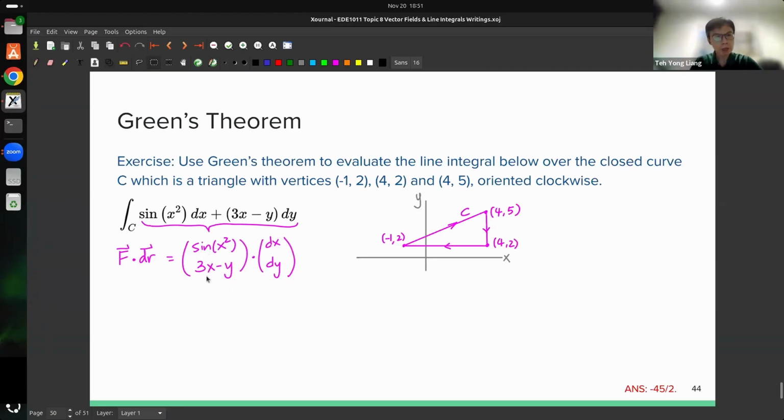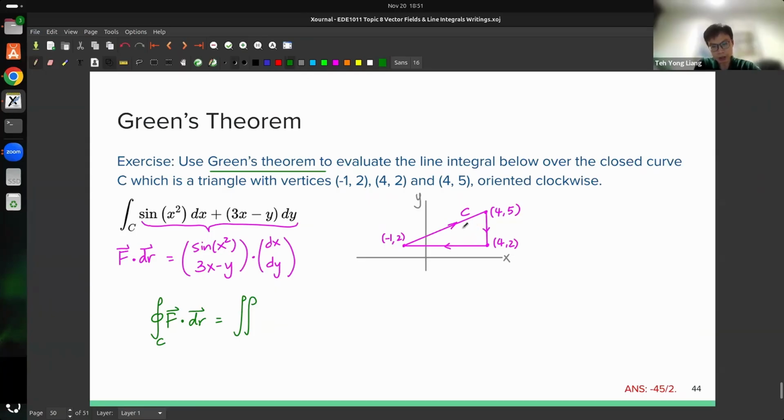Since we have to use Green's theorem, that means the integral of F dot dr has to be done from the double integral. Of course the curve C is closed, that's why we can use Green's theorem. But now you know what's the story. The story is this one is clockwise.